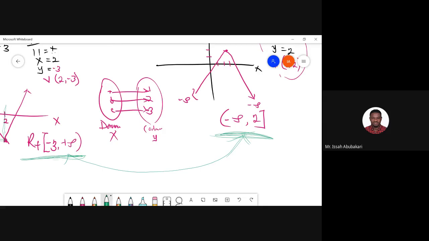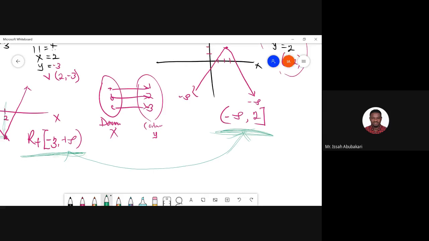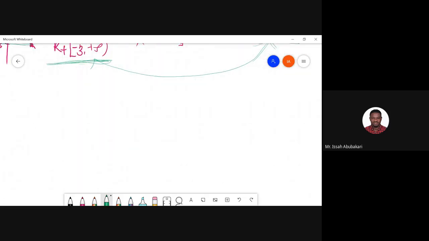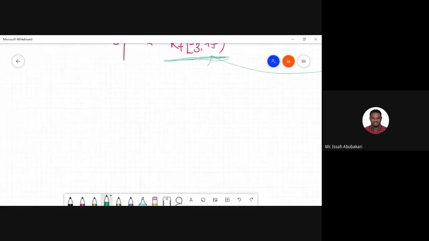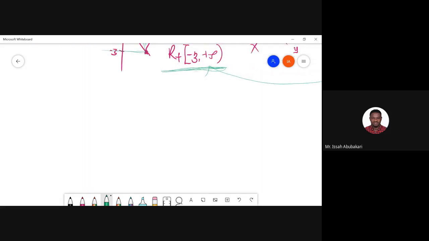All right, now let's try to finish with this on the square root. What if we have a square root? When we have a function that involves a square root, let's look at that first. After that, we solve some multiple questions. Okay. So if you have an example, a function, let's say f of x to be equal to square root of what?